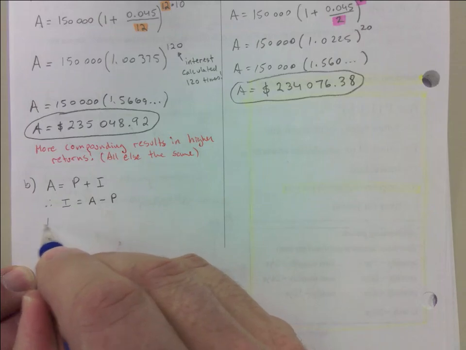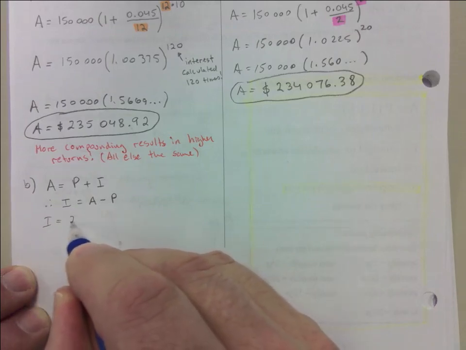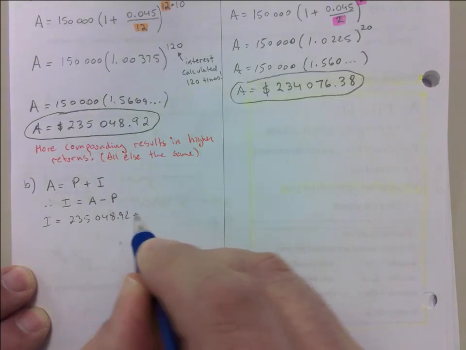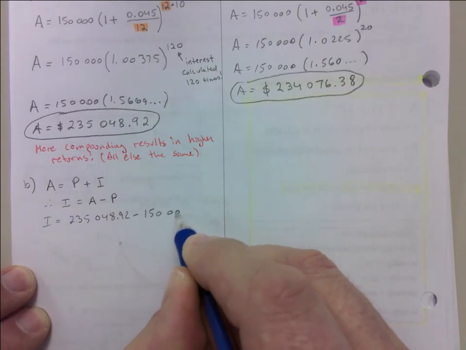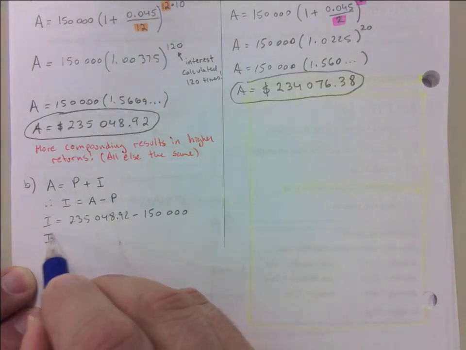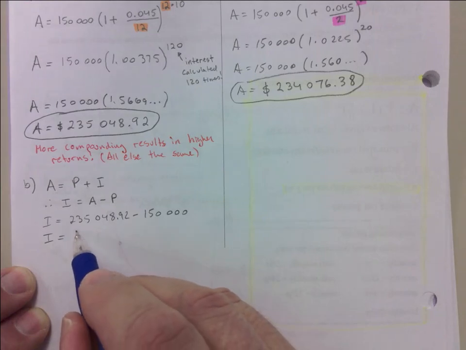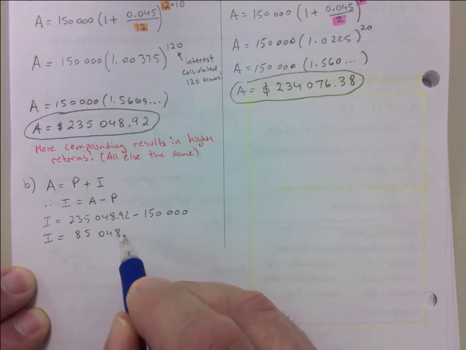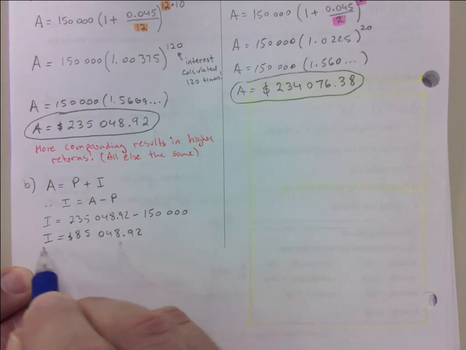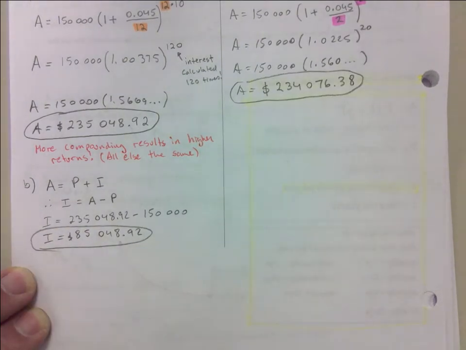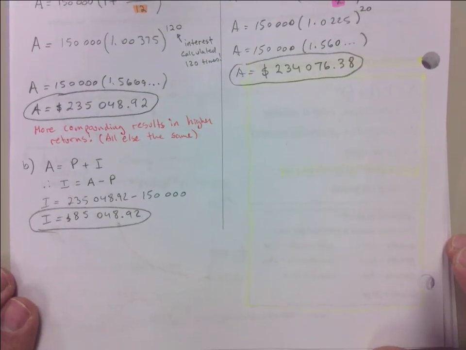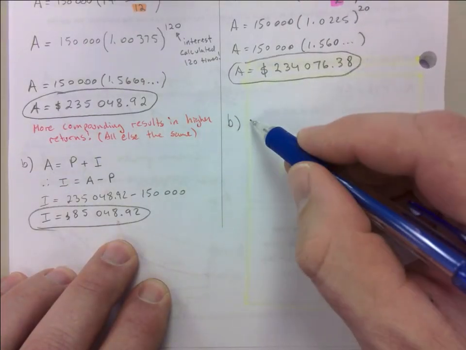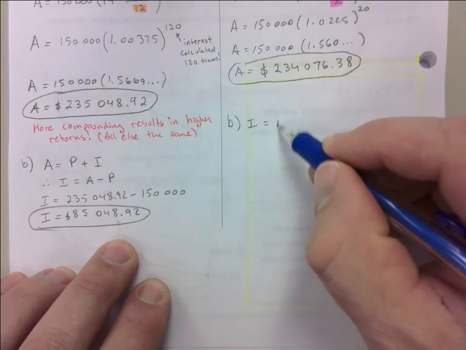Subtract them. So interest would be 235,048.92 minus the 150,000 we started with. So this is you earned $85,048.92. For option 2, the same thing.